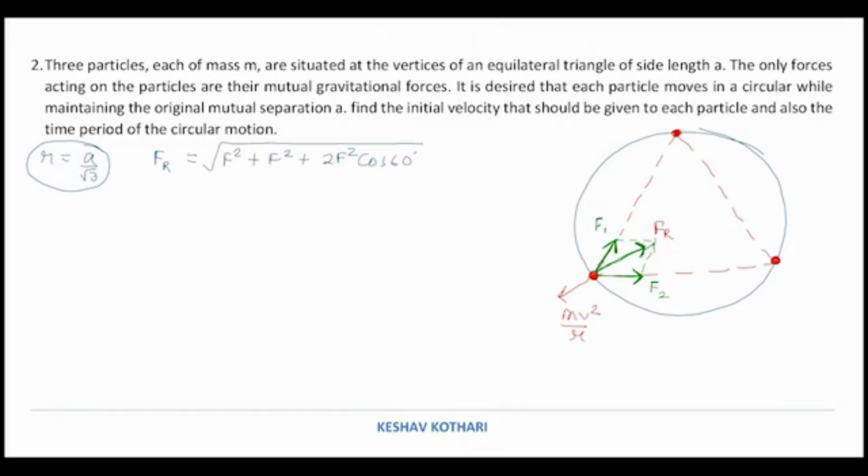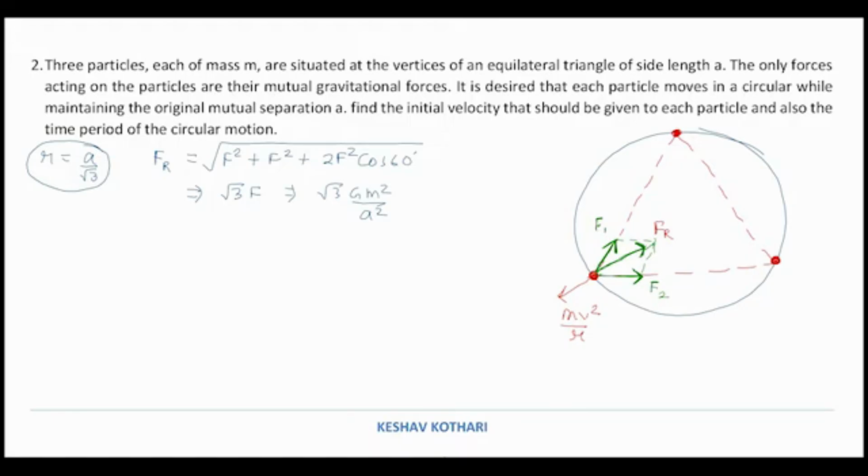From here we obtain root 3 F, that is, root 3 times G m square by a square. So this is the equation of the resultant force due to the gravitational interaction.